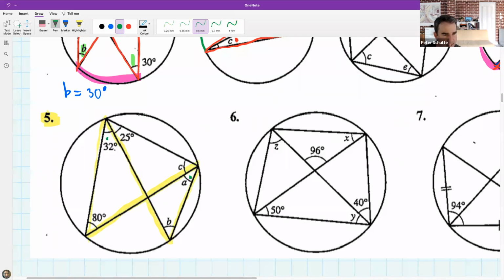I'm drawing a little bit less information than before. So A is 32. And I feel, well, I don't just feel, I know, B is 80 degrees. Now, what about the other bits? Can you figure those out?